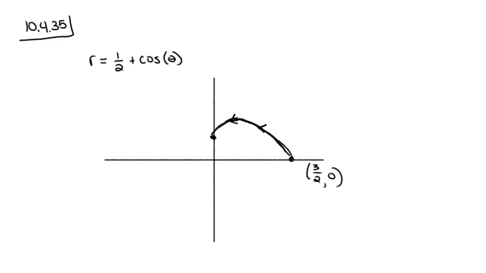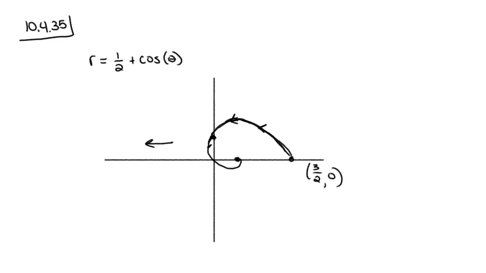At theta equals pi, cosine of pi is -1, and so 1/2 minus 1 is going to be -1/2. So it'll be back here. Remember, we're facing an angle of pi, and the radius is -1/2. So that just means that the loop has done this.